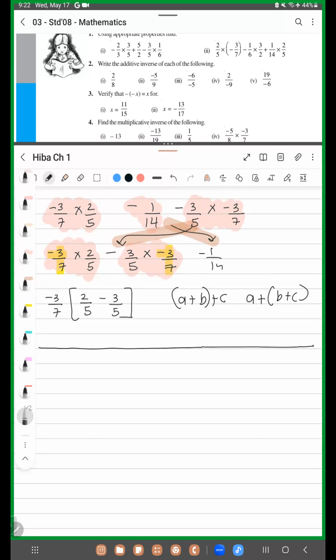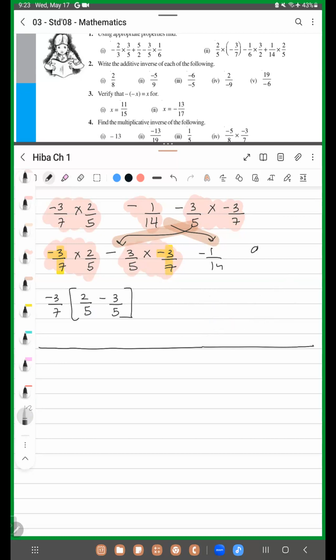What does this mean? That you solve the first two first, or you solve the next two first, or there is a third thing also, a plus c and then plus b. All of these are the same, they give you the same answer. So over here you are using the associative property, but you don't have to mention it in the question.